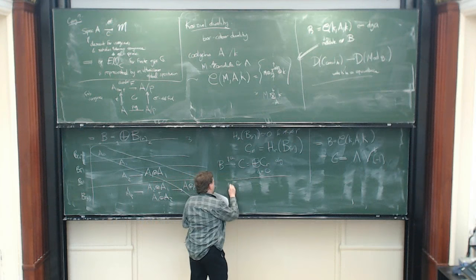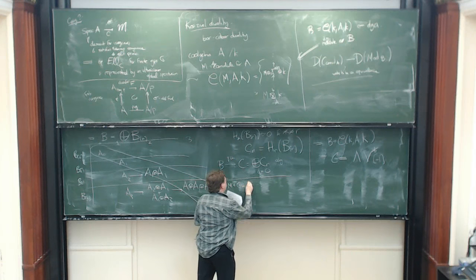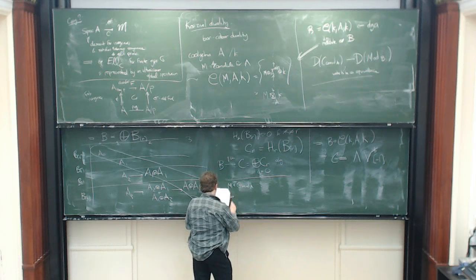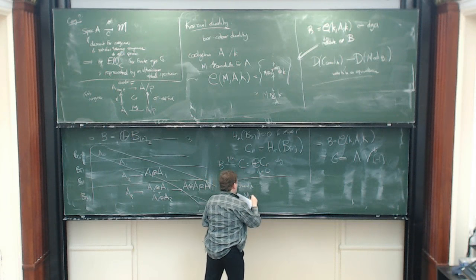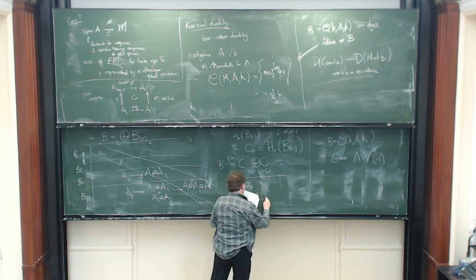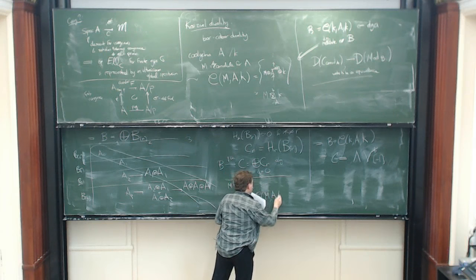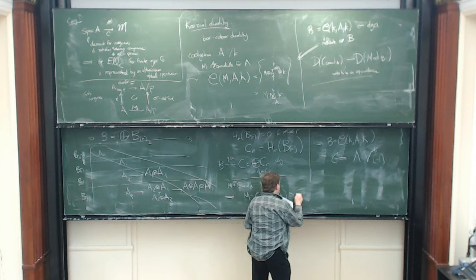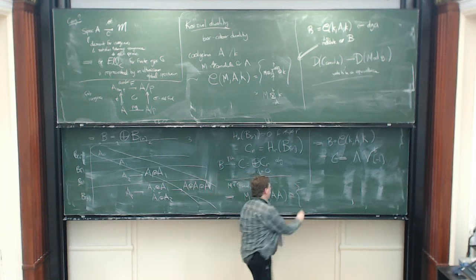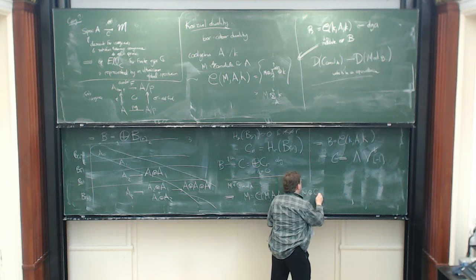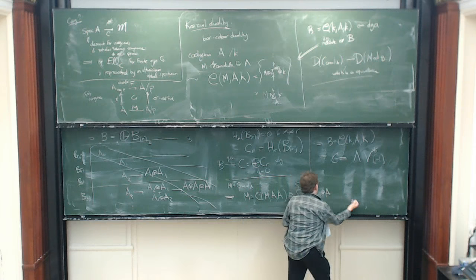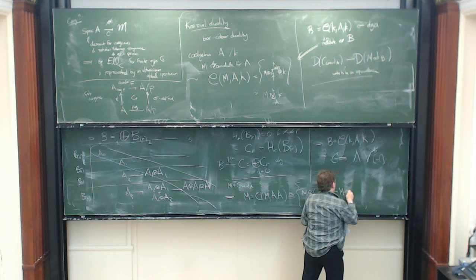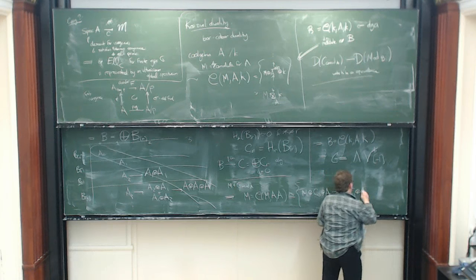So given an M, which is a comodule for A, I get M, which is quasi-isomorphic to the cobar complex on A. But that, in turn, is quasi-isomorphic to a smaller complex that's built from these C's, which you can write down explicitly.